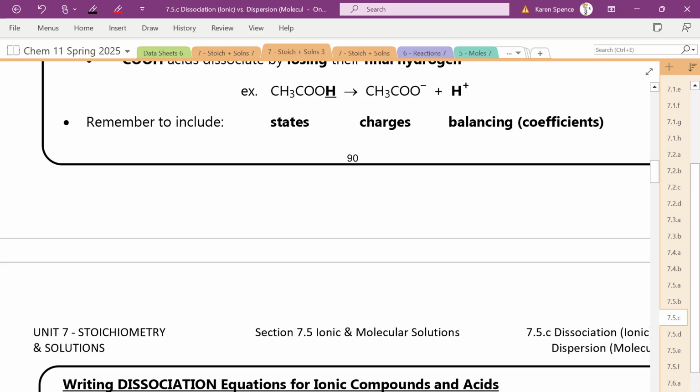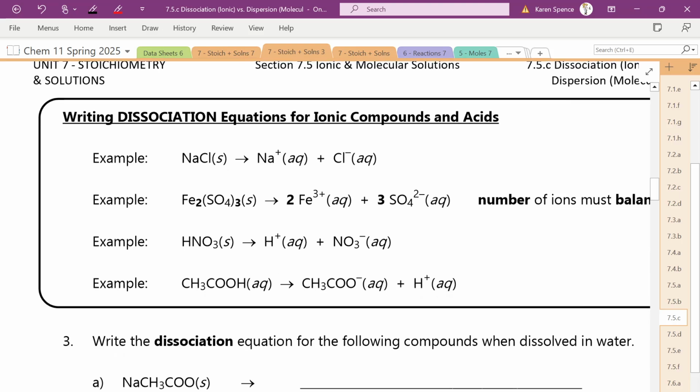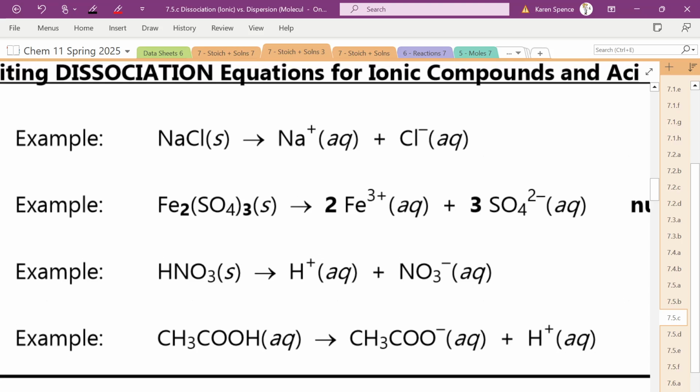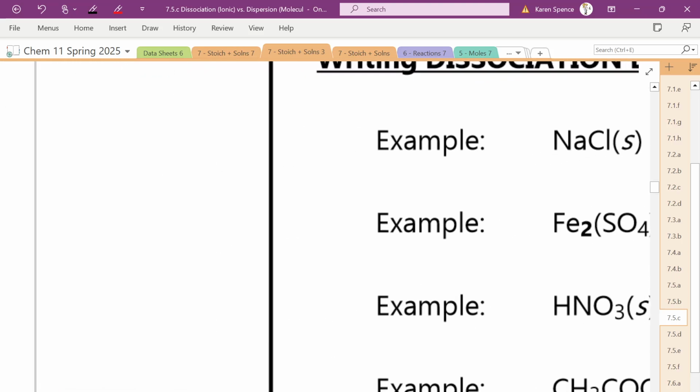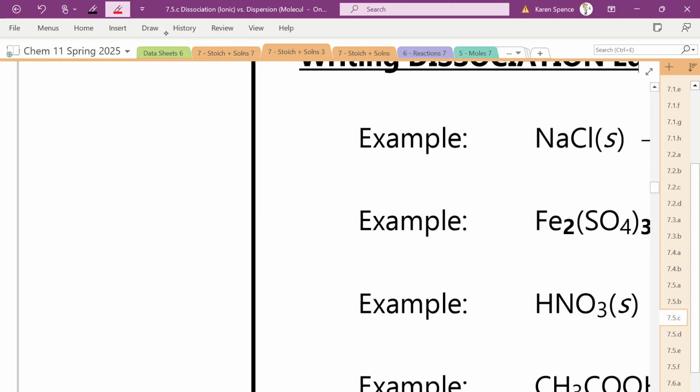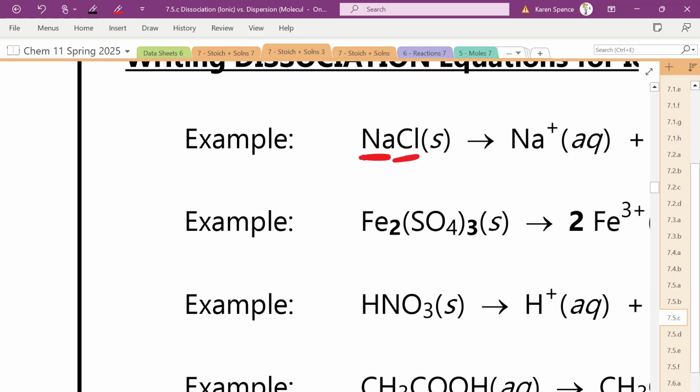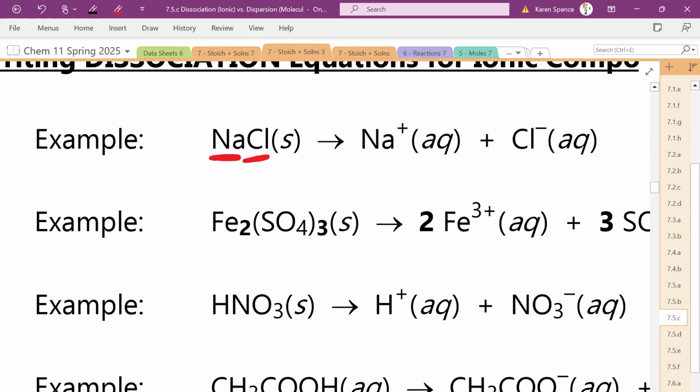So what that's going to look like is on our next page, page 91. If we take NaCl, it's going to split apart into Na and Cl. This is very much like what we were doing with your ionic reactions yesterday.